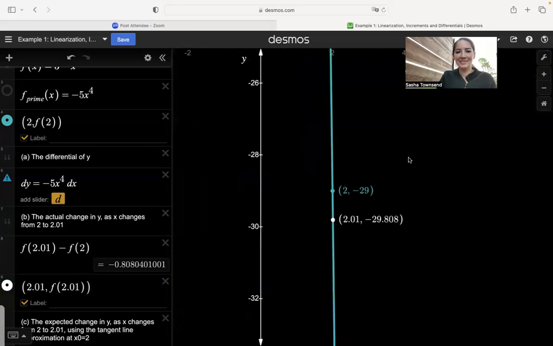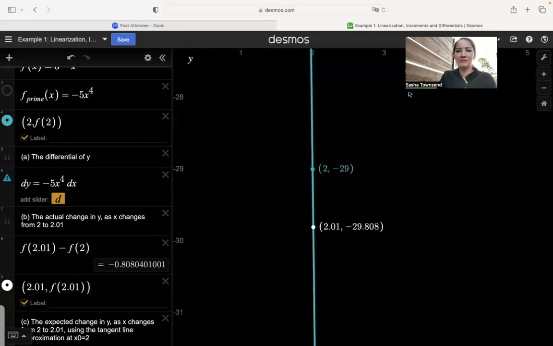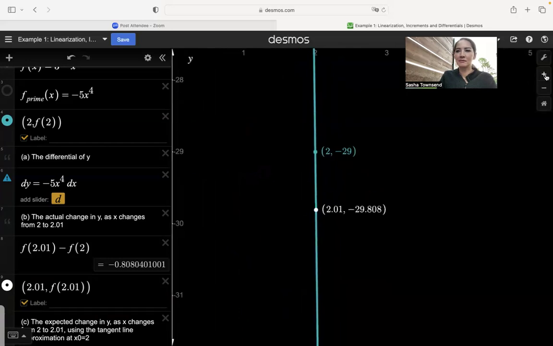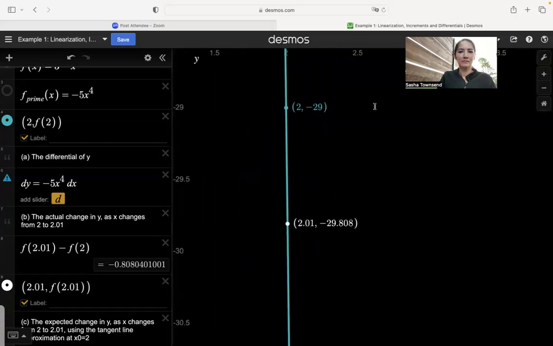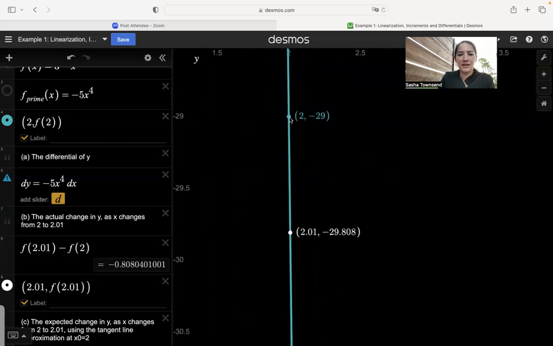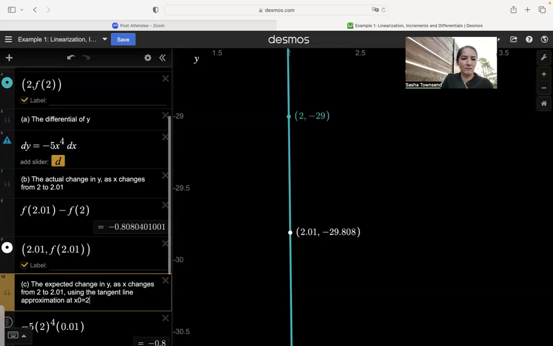Let's keep zooming in. There's the function value at 2, and there's the function value at 2.01. The change in those values is the function value at 2.01 minus the function value at 2. So we get that -0.808 approximately.